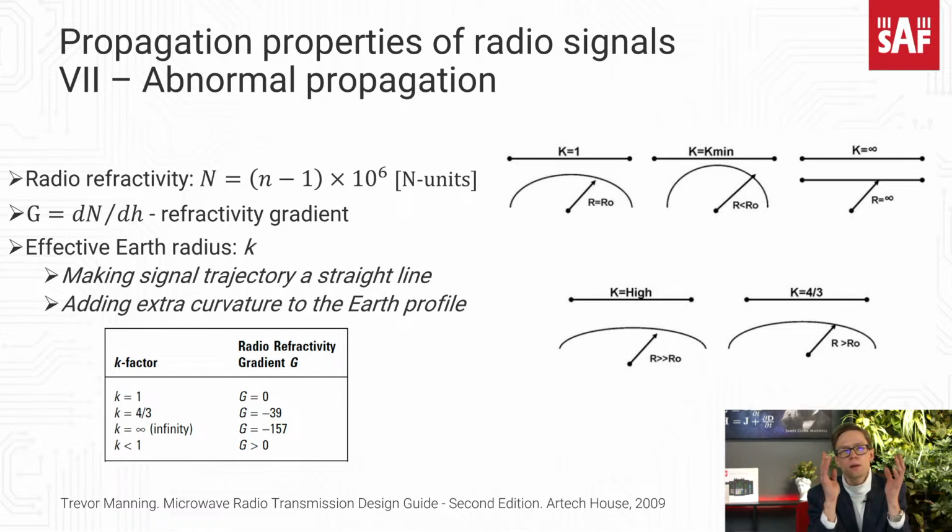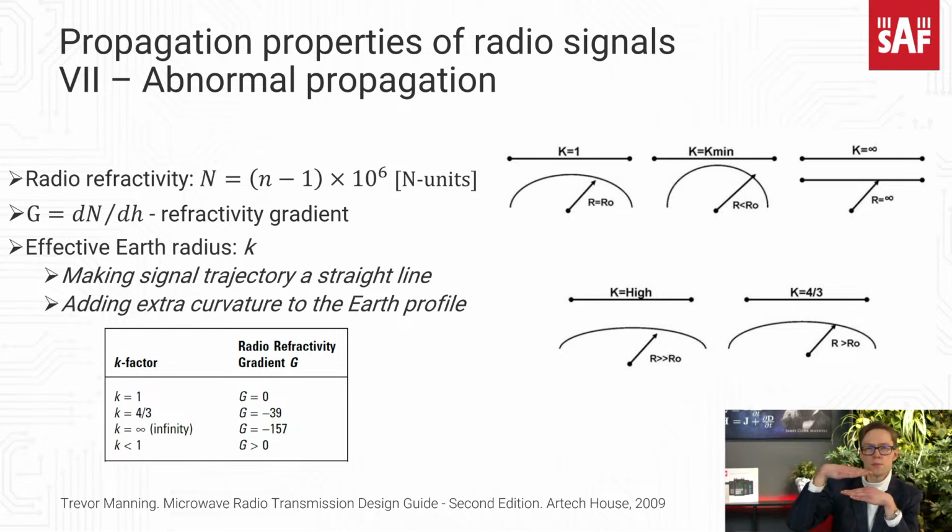Then it can be a minimum, it can be very high, and in this case we have to adjust the effective Earth radius to make the relation unchanged, right?